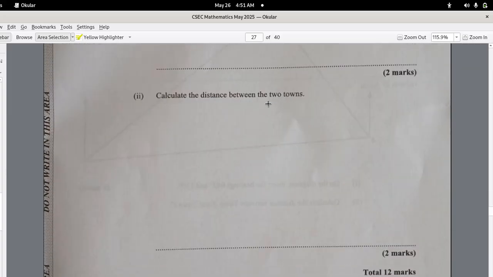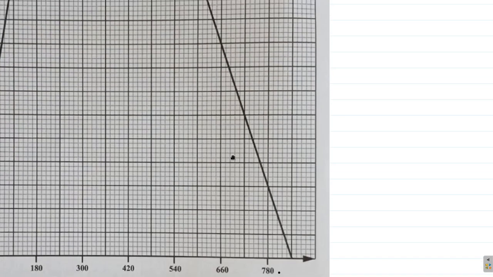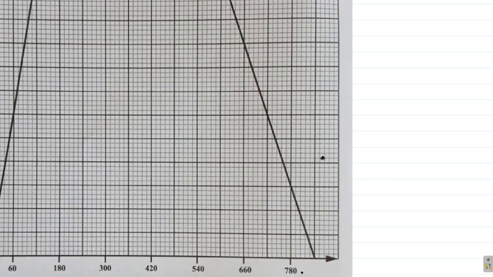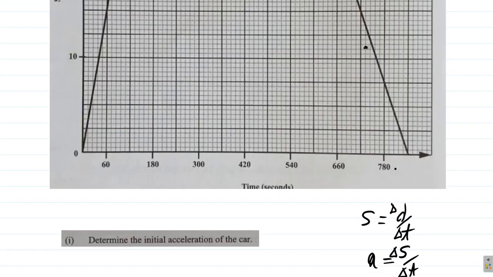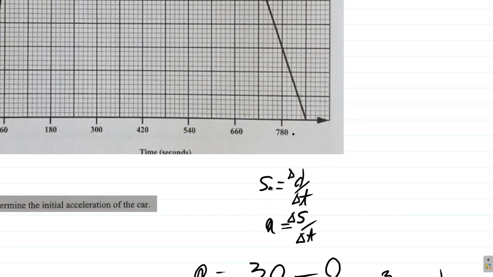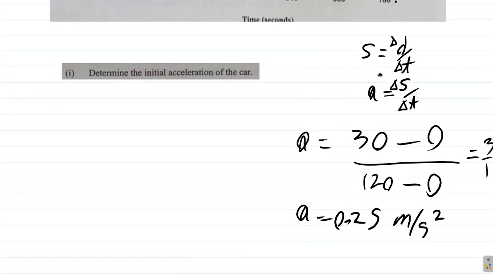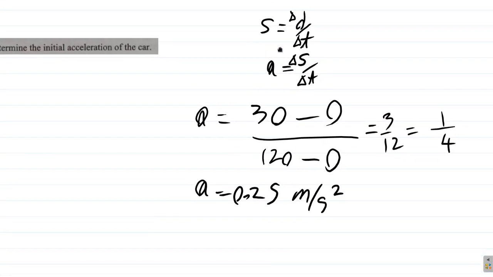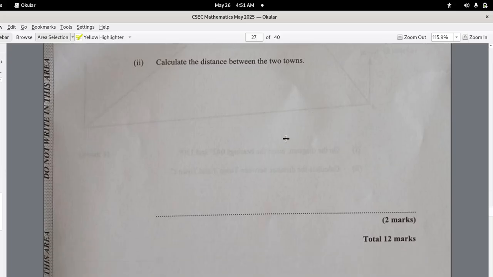Okay, calculate the distance between the two towns for 2 marks. Let's just draw a line to separate this from the other pieces of the work.